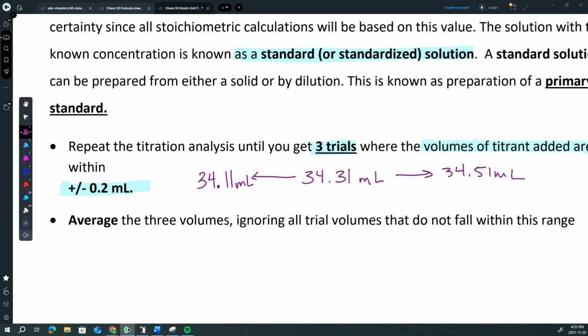Okay, so this is just saying this would be the range that would be acceptable for your 3 trials of your titration here, because this one is the minus 0.2 milliliters and this one would be plus 0.2 milliliters. Okay, now just as a heads up, when you're reading how much titrant you've used, you always go to 2 decimal places.